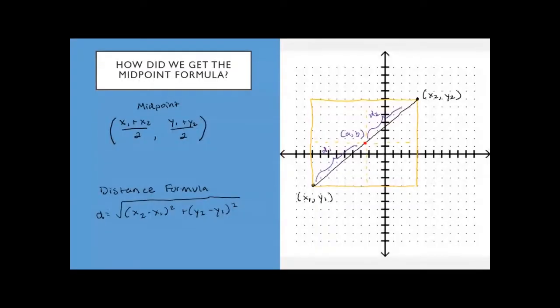So D1, if I go back to my picture, that is our distance between our ordered pair x1, y1, and then our midpoint A, B. So I'm going to just plug this into the distance formula. We have A minus x1 squared plus B minus y1 squared. And then D2 is the distance between the midpoint and the second point.